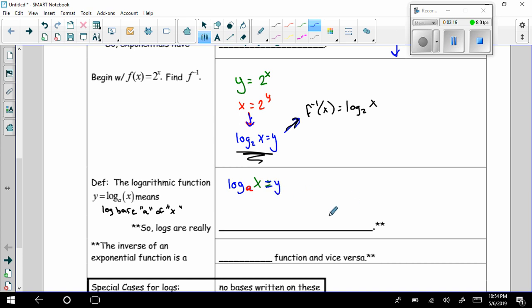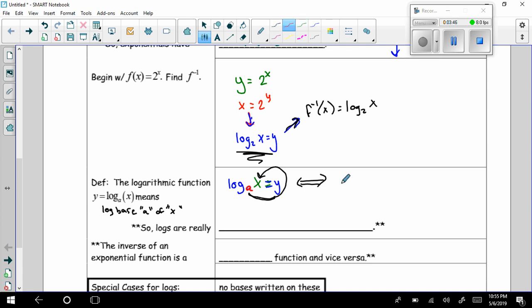And we can convert that to an exponential function. So this goes both ways. We'll be able to convert, if you remember biconditional statements from geometry, it works both ways. And the base of your log is always the base of your exponent. So we're just going to kind of loop around here. So a log is always equal to an exponent. And so that y becomes your exponent value.